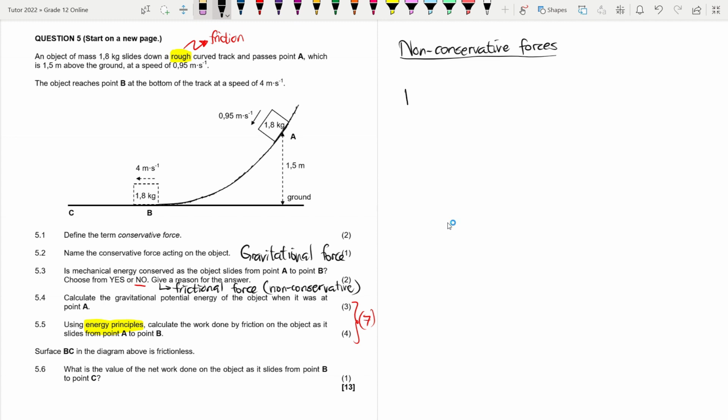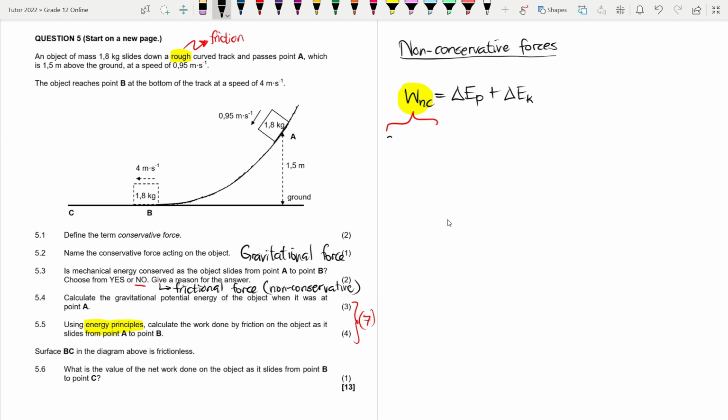The formula says work done by non-conservative forces is equal to change in potential energy plus change in kinetic energy. We can expand it as well. Our work done by non-conservative forces is going to account for all the work done by friction, tension, or applied force. We only have friction, so the work done by friction is what?